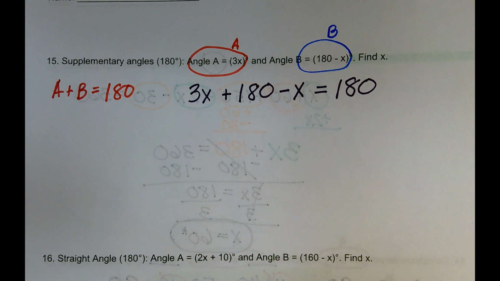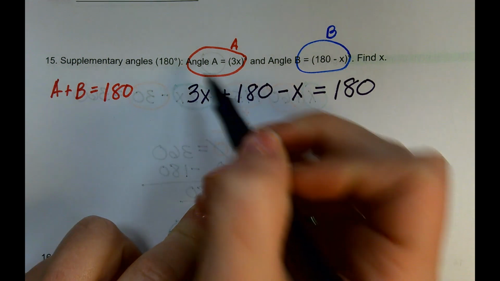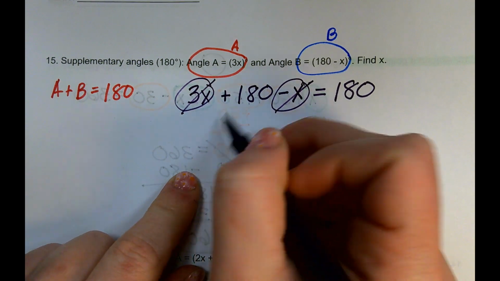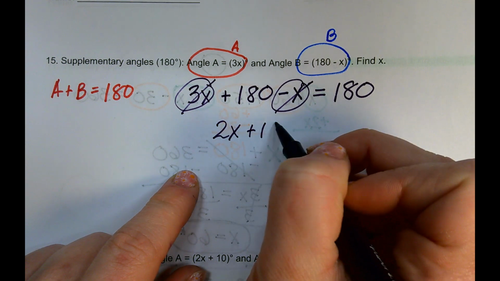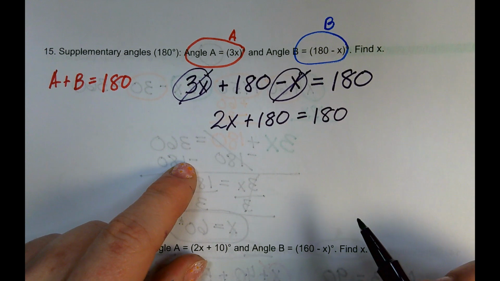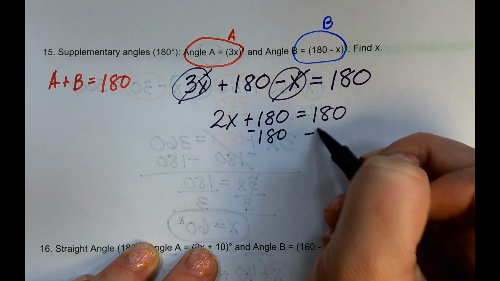I know we're jumping ahead a little quick. Okay, what should we do first? Combine like terms. I've got 3x minus x. What's that give me? 2x. Plus 180 equals 180. Let's subtract 180 from both sides.